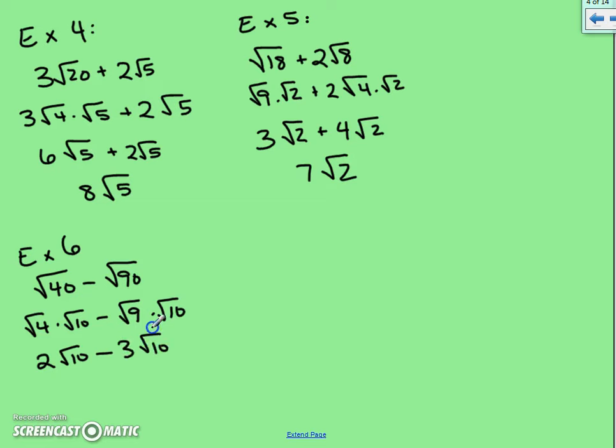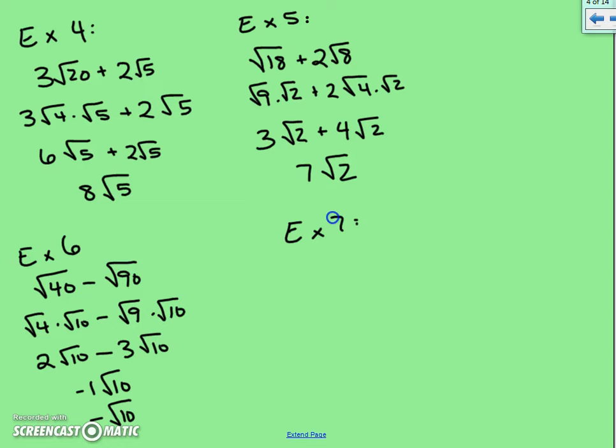Again, can't do anything with radical 10. I have my like radicals, so I can subtract. 2 minus 3 is a negative 1 radical 10. You can write it this way, or if you don't want the negative 1, you can just write it as a negative radical 10. I will accept either one of those answers. Okay, go ahead and pause the video again if you need to talk about anything.